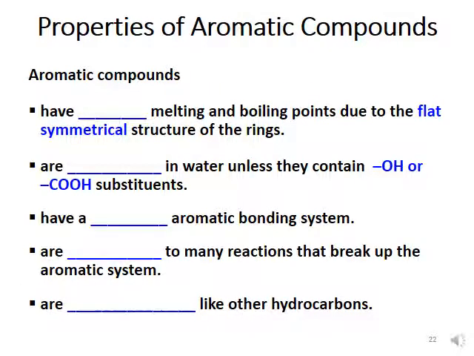Sorry about that. They're resistant to many reactions. Certainly anything that breaks up the aromatic ring part, they're not going to want to do. However, they are very flammable and volatile, just like every other hydrocarbon. Okay?